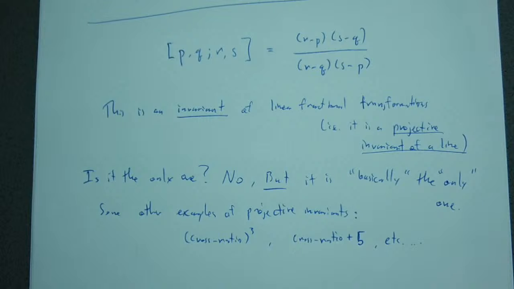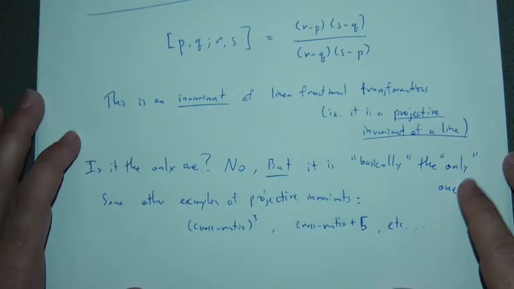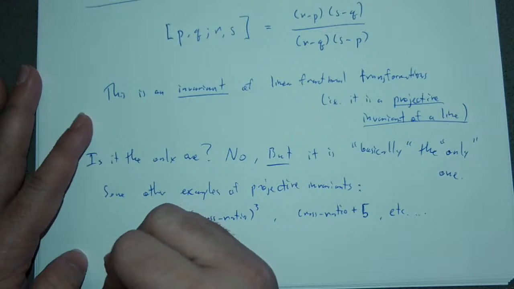It turns out, spoiling the fun here, that any projective invariant of a line is some function of the cross ratio. That's the important bit. Okay. All right. So, there are lots of important properties of cross ratio that we're going to talk about today.